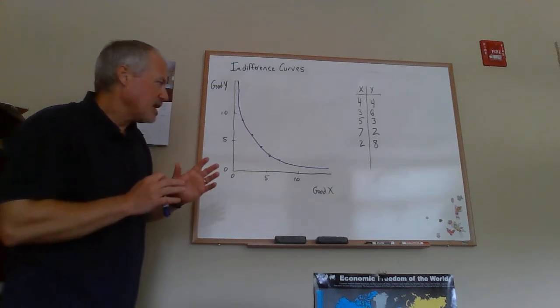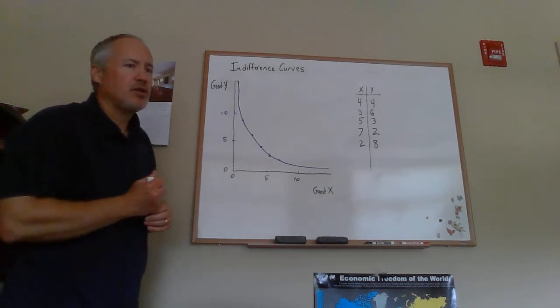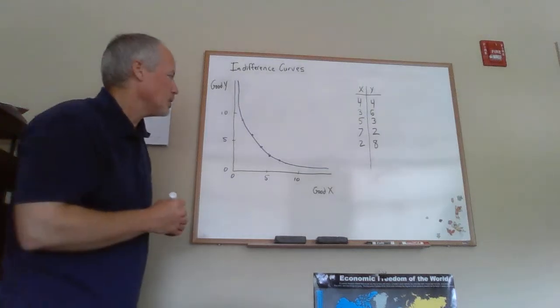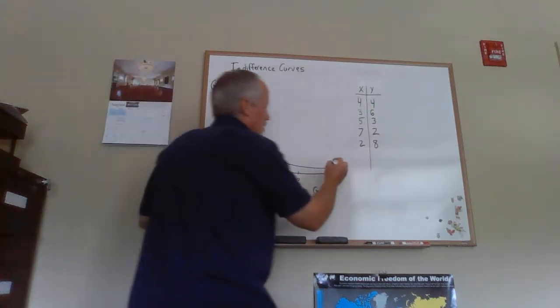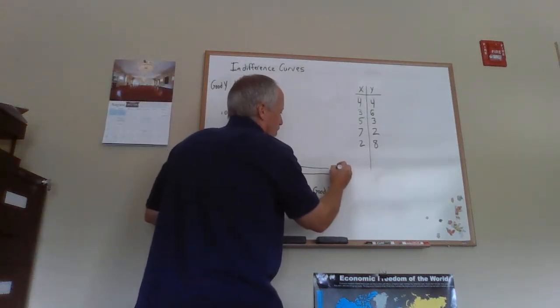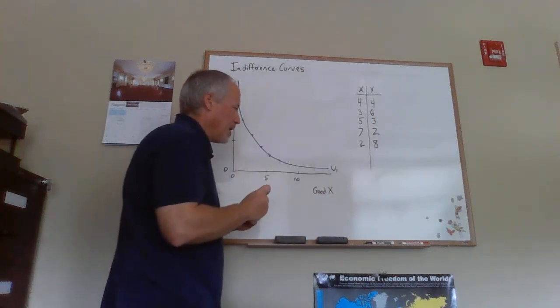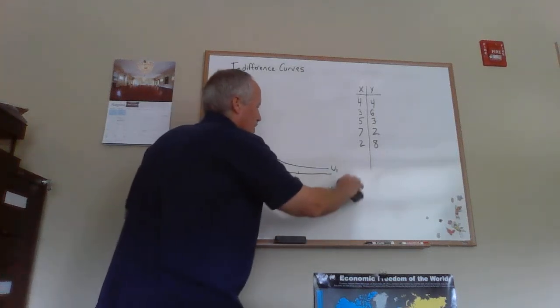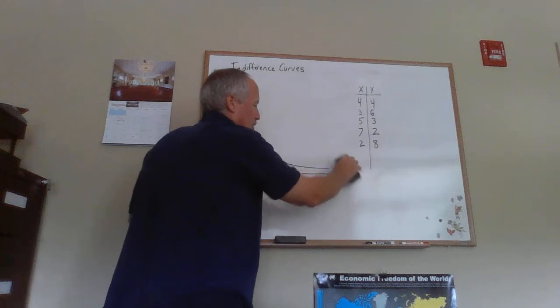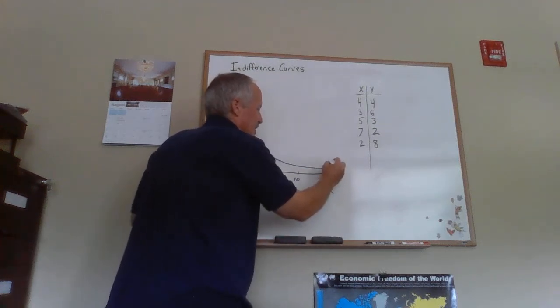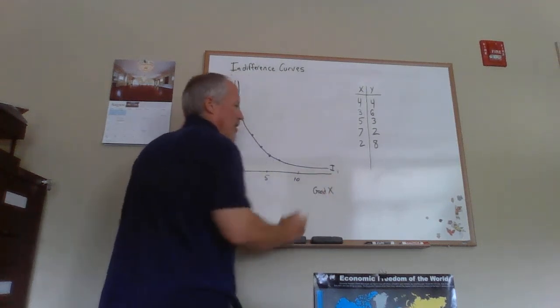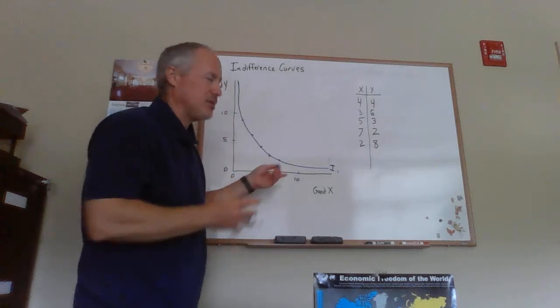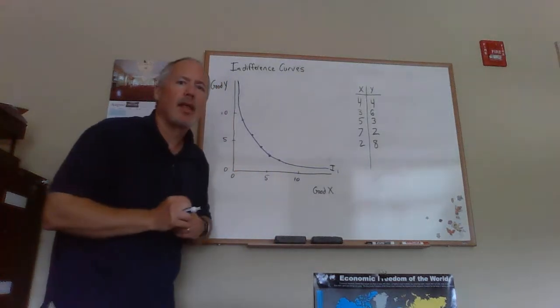This gives us a sense now, because this is a level curve of the utility function or a contour line. This would give us some level of utility. So I'll just call this a U1. In fact, we don't need to even use the U's, so we'll call this I1, an indifference curve I1.